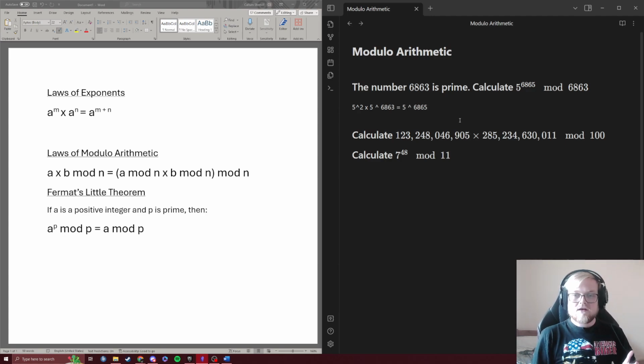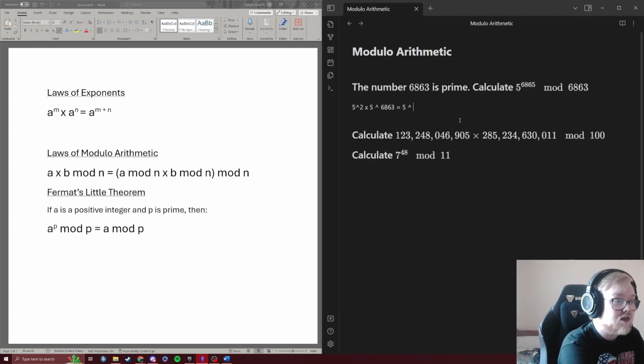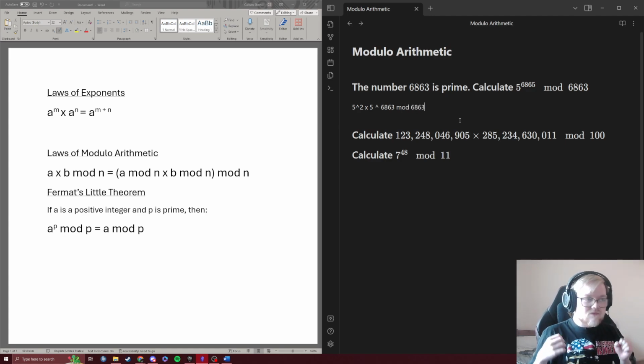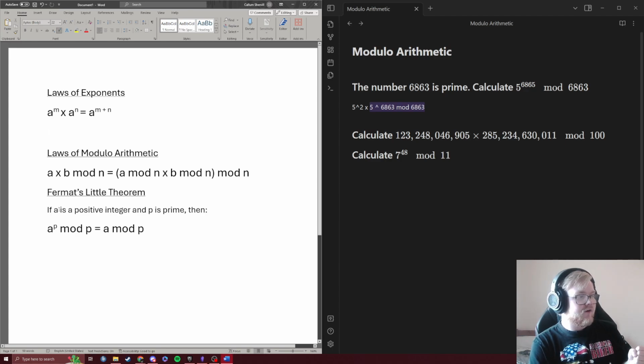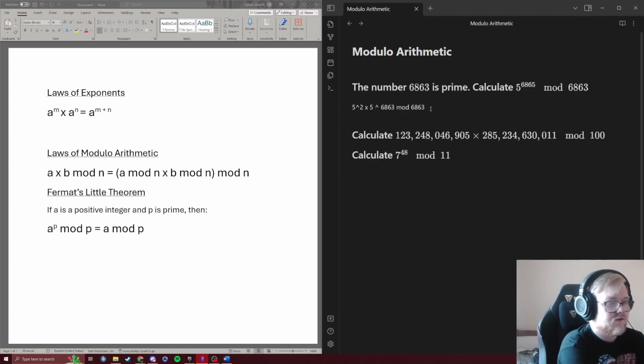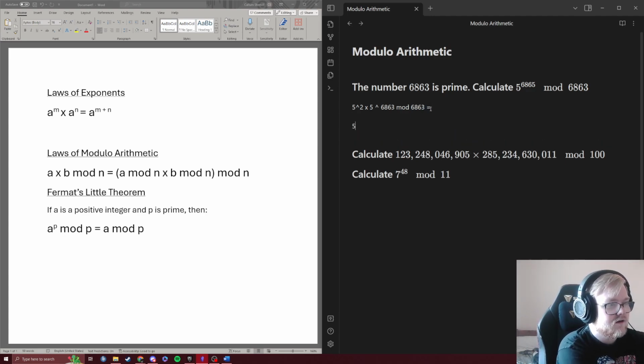We can split it apart, and the reason we're doing this is so that when we take modulo 6863, you can see that this now matches Fermat's little theorem, meaning that we can get rid of the power from the exponent on this side of the equation.